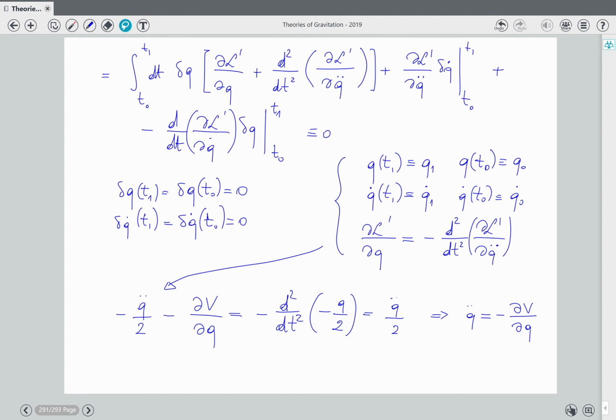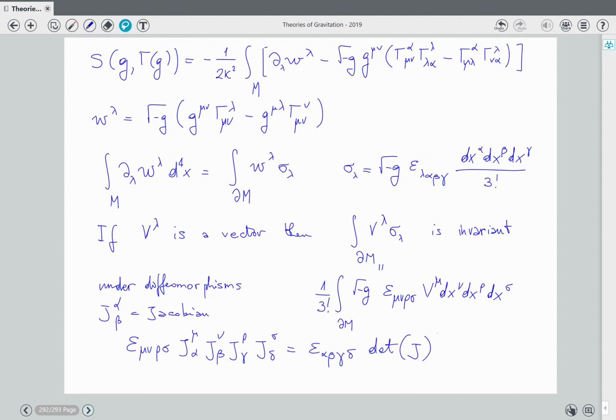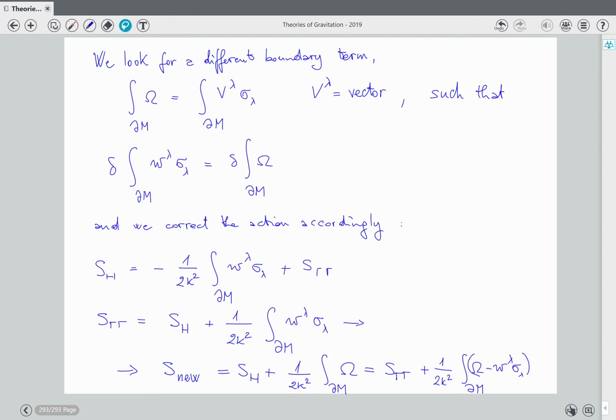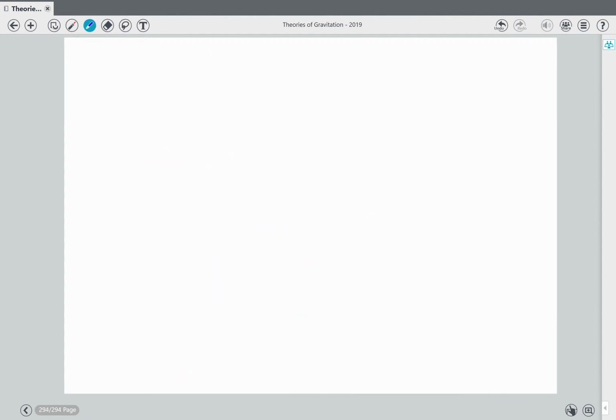Yeah, it will not, but we have to wait. So, submanifolds. We need to study submanifolds because the boundary is a submanifold. There is a little bit of work now.